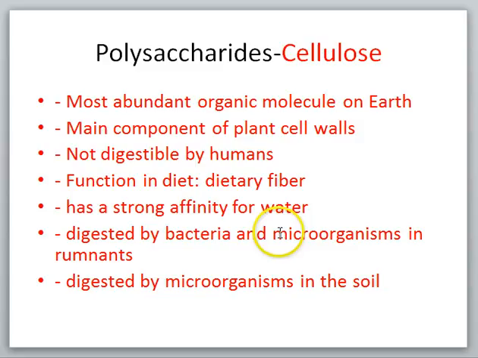And also mentioned about microorganisms in ruminants. Okay, ruminants. Well, ruminants are going to be animals such as cattle, goats, sheep, and in these animals the stomach has multiple compartments.